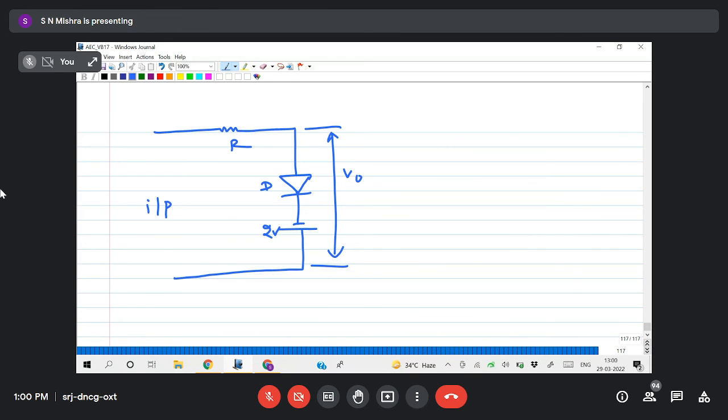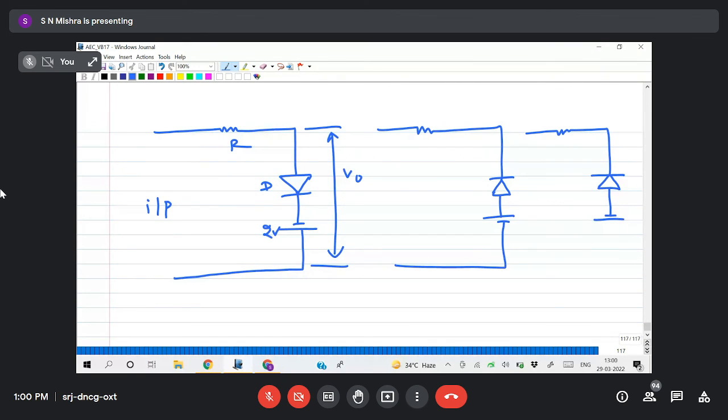In the previous one, what we have done, you can also take a silicon diode. Here also you can take a silicon diode. Then you will do the same thing by changing the polarity of the diode. You connect first +2 and here you can take another one by taking -2.